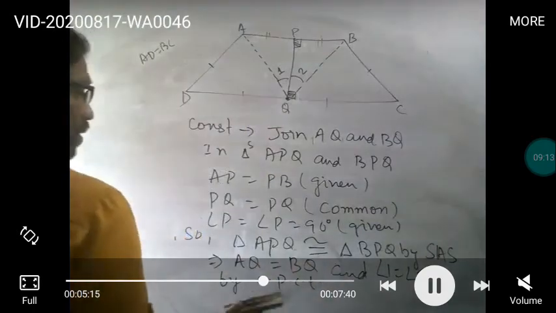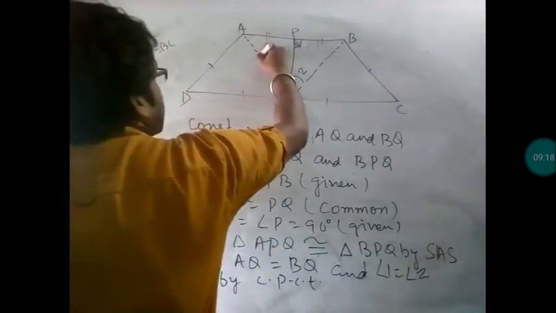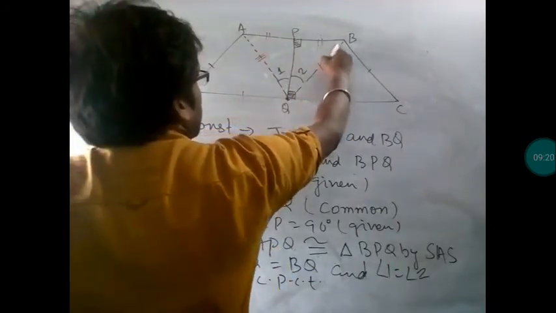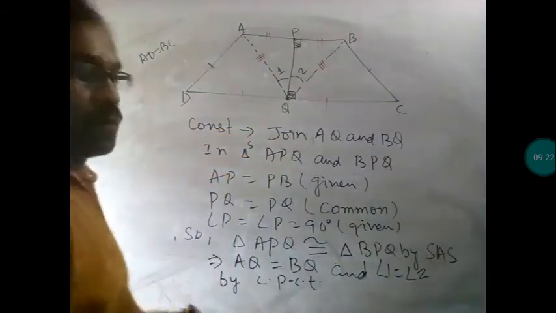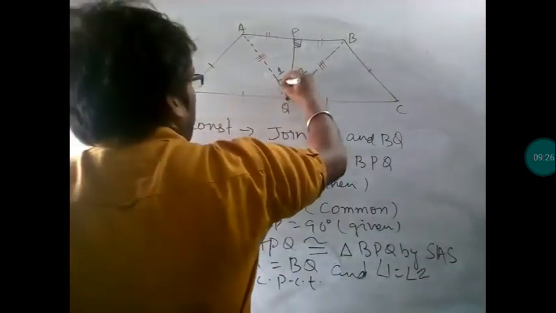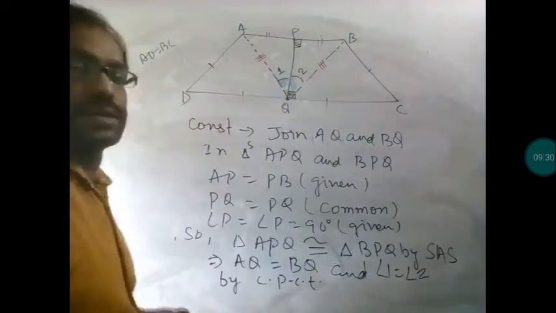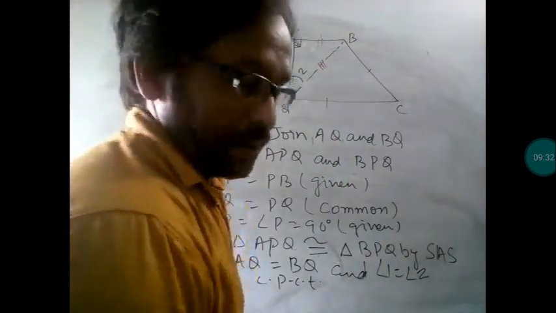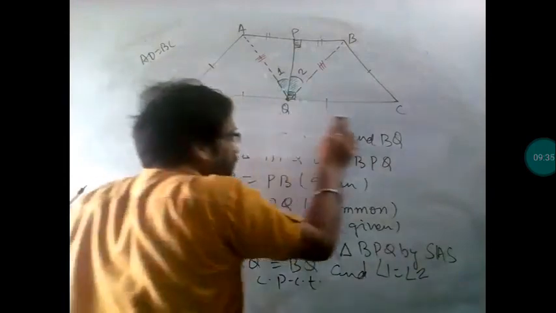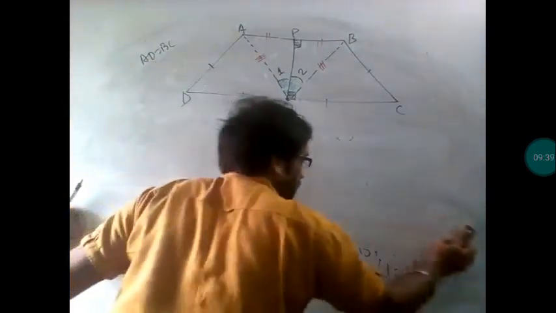So what is the use? That is what I said: I will subtract angle 1 and angle 2 from this 90 degrees. So what will happen? We will find a new pair of angles which are also equal. So this is angle 1 and angle 2, and these green parts are equal. Now I will go to triangles ADQ and BQC.